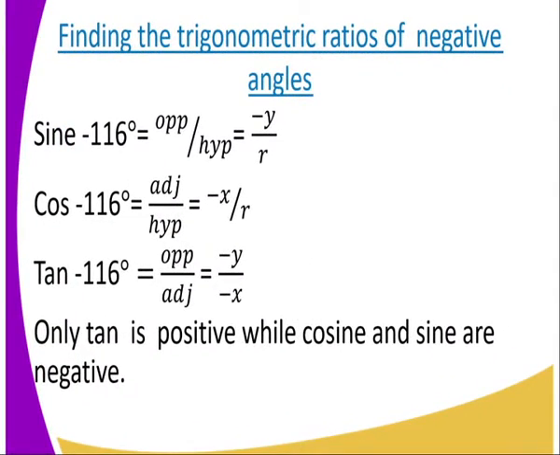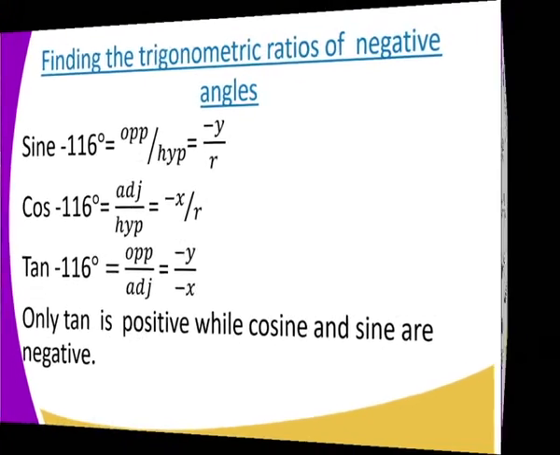We have negative 116. Sine is the opposite over hypotenuse, which is negative y divided by r. Cos negative 116 is the adjacent divided by the hypotenuse, which is negative x divided by r. And tan negative 116 is negative y divided by negative x, making tan positive, while cosine and sine are negative.